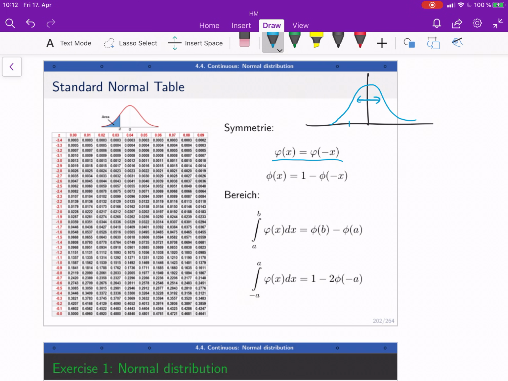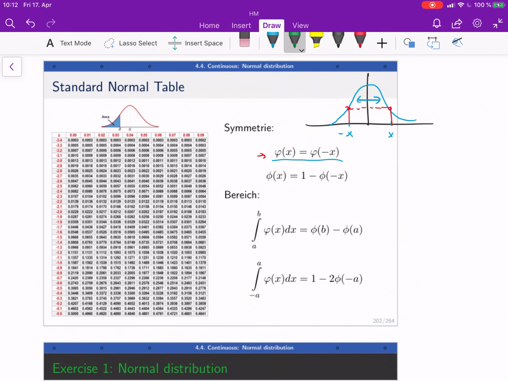Phi of minus x and x both have the same value. That's the obvious symmetry of mirroring with the vertical axis.